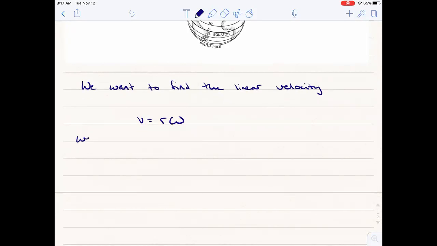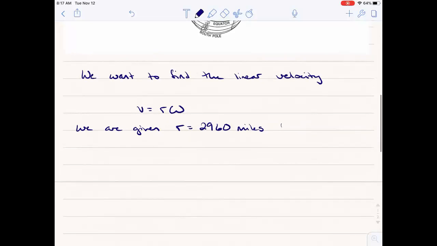We're given r is 2960 miles, but we need to find omega, the angular velocity.